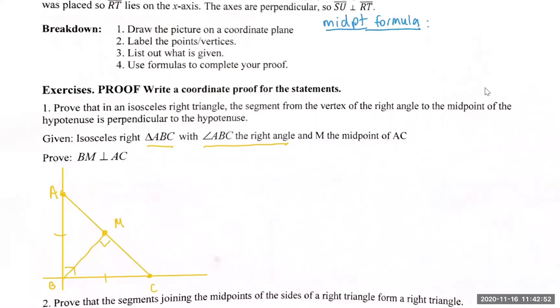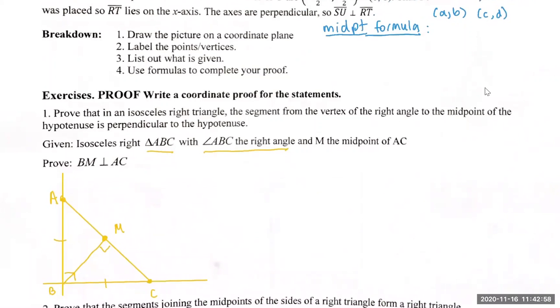Let's say you're given 2 coordinate points, (A, B) and (C, D). If they ask you to find the midpoint, you take the 2 x's and add them together, the average of the x's, which is what we learned in our exploration, and then the average of the y's, which is (B plus D) over 2. So average the x values and then average the y values, and that's my midpoint.